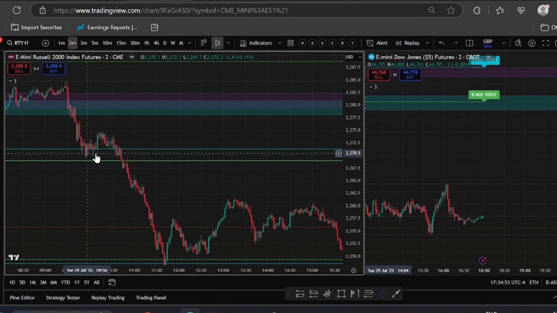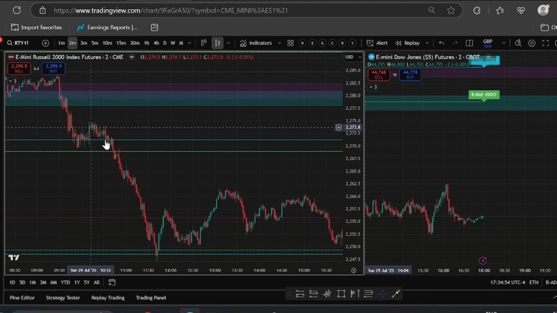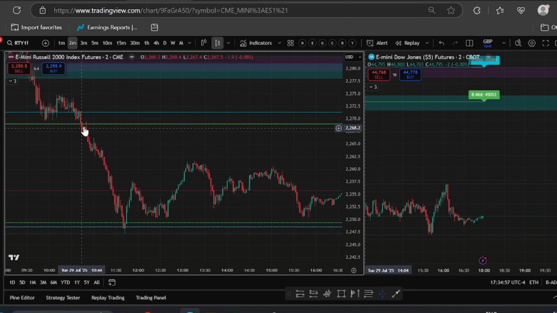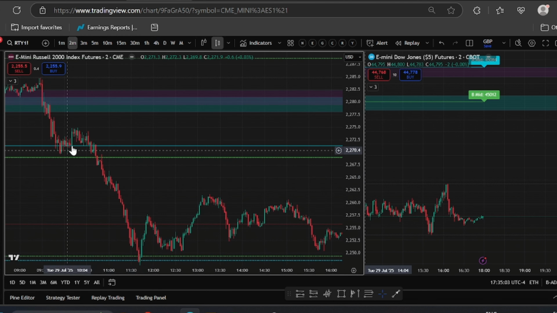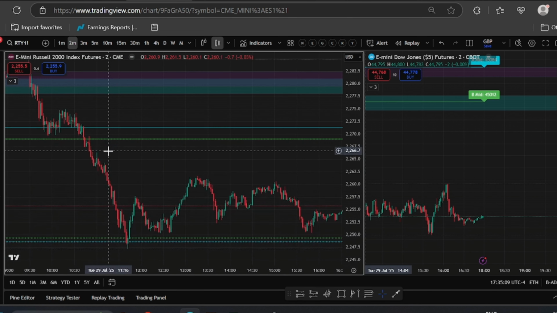But yeah, you will find some resistance here. So wait for a clear path for the price. You see, after here, there are no levels, right? So price goes down quickly. You do not want to sit in the pain of this trade, not reaching your target. So wait for a clear path for the price and then take the entries.